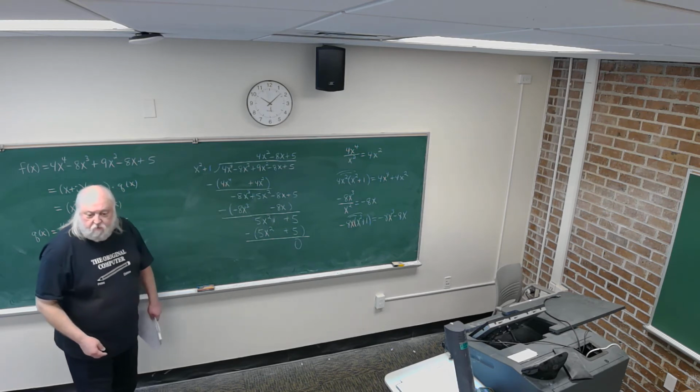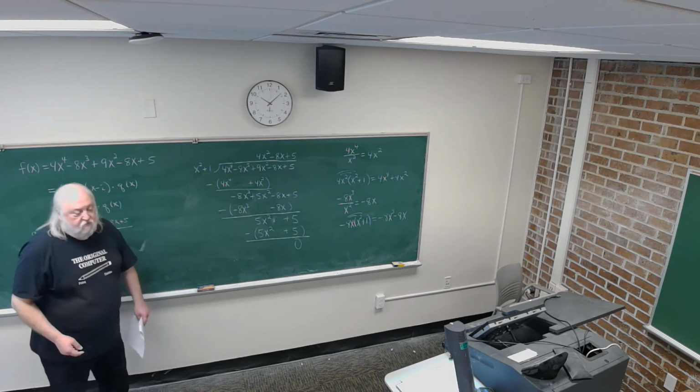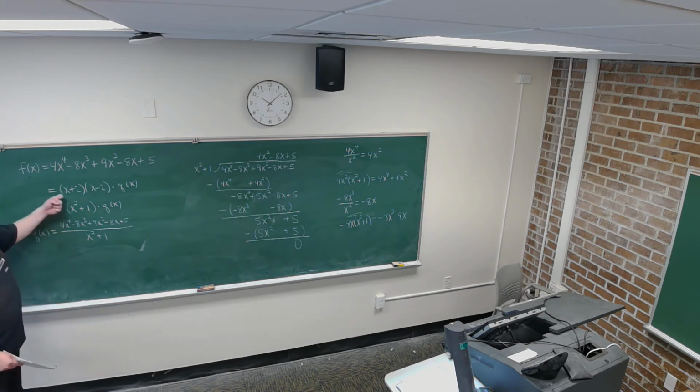Does that surprise you? The answer is no, because x plus i and x minus i are factors of this polynomial. x equals minus i and x equals i are zeros of this polynomial. So since they're zeros of this polynomial, we better get a remainder of 0.